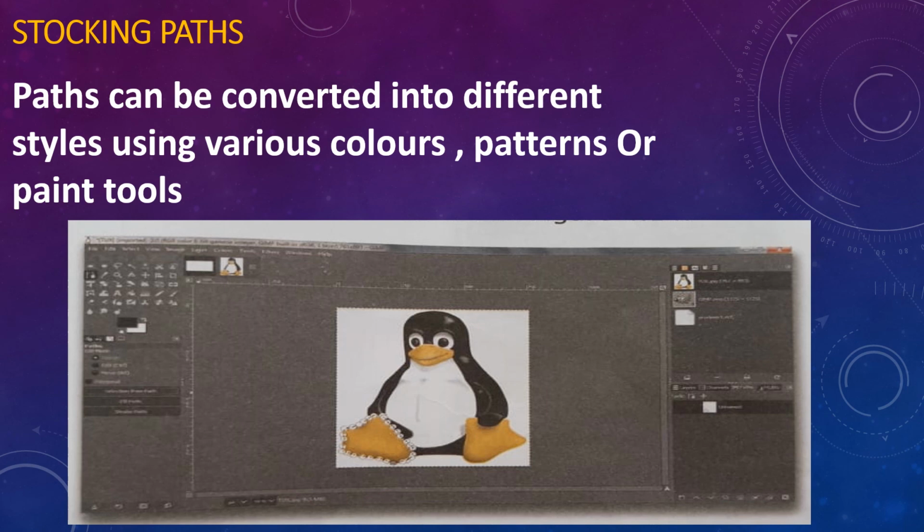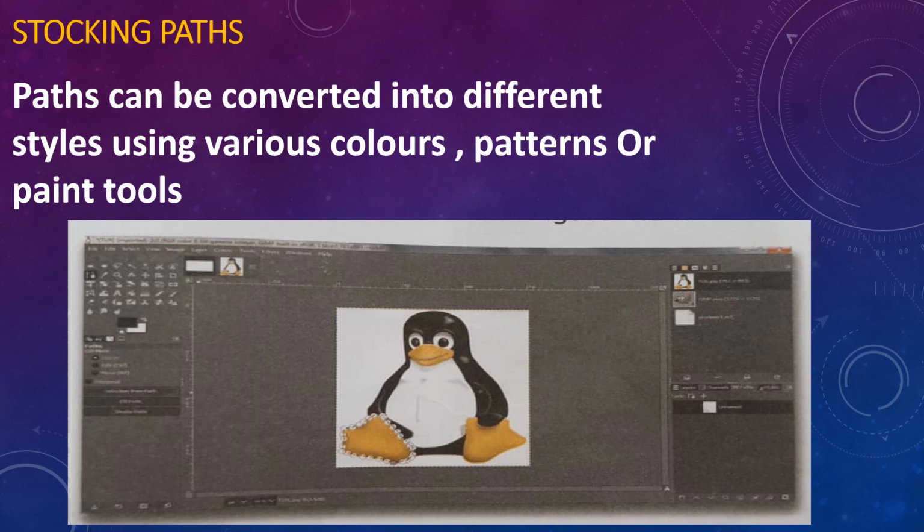How do we stroke a path? To create and select a path, first we have to go to the toolbox. From the tool options window, under the path, click the stroke path button. Then the dialog box will appear. Select the solid color or pattern option to change the stroke line.